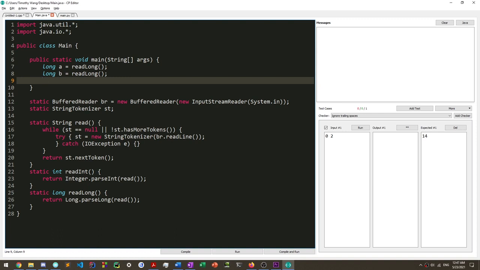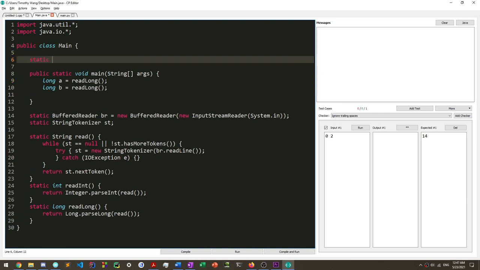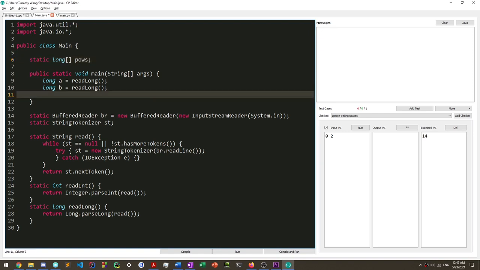From there, I'm actually going to initialize all the powers of 5. So essentially here, what we can do is create an array of longs. This is just going to be an array that contains all the powers of 5.